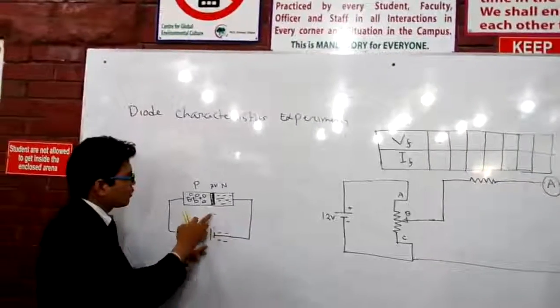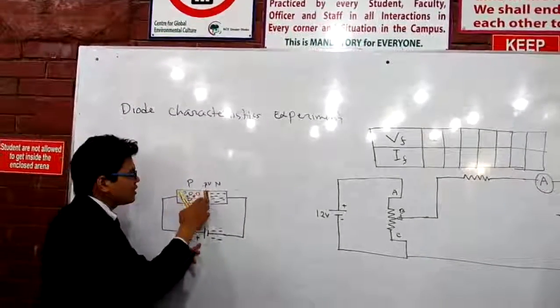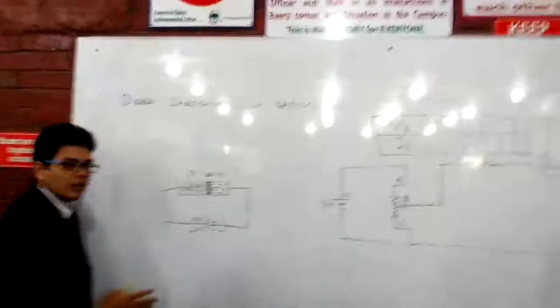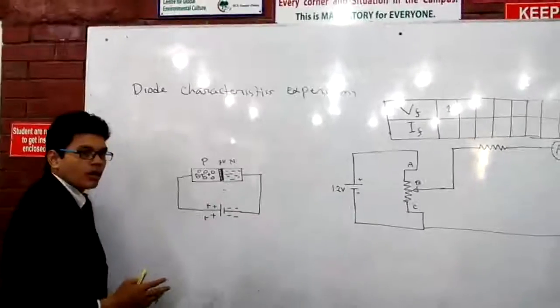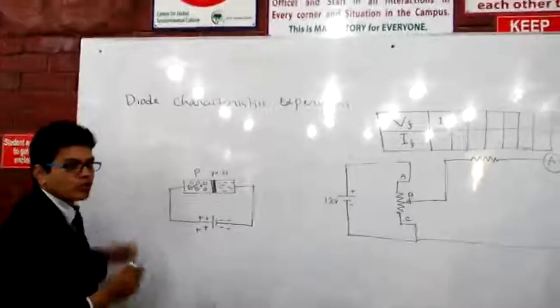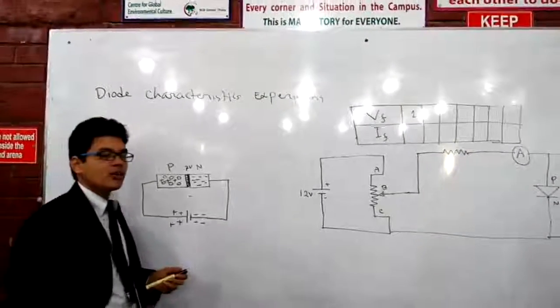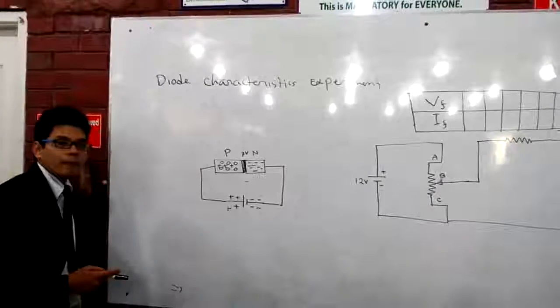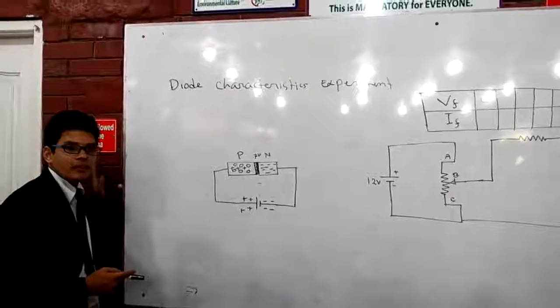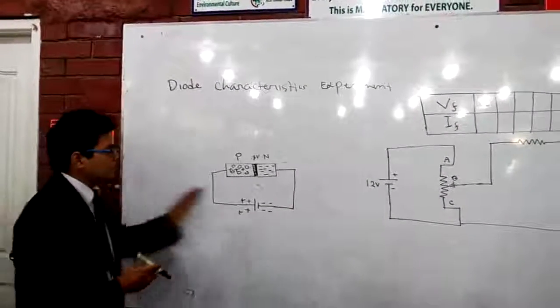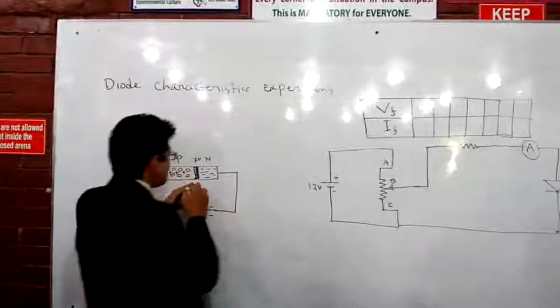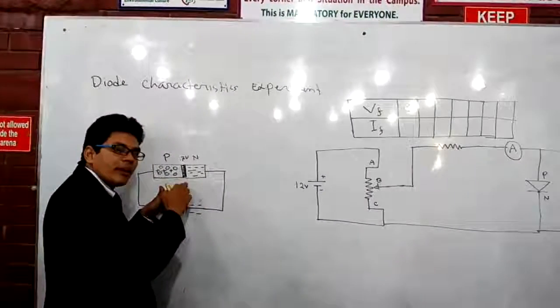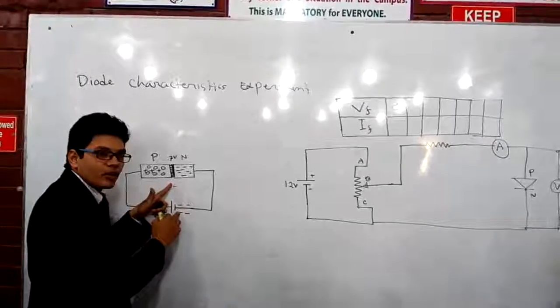At 0.1 volt, what will happen? This barrier is too high. This wall is too strong, it requires maybe 7 Newtons of force, right? This doesn't break the wall. So there will be a barrier still at 0.1 volt applied.